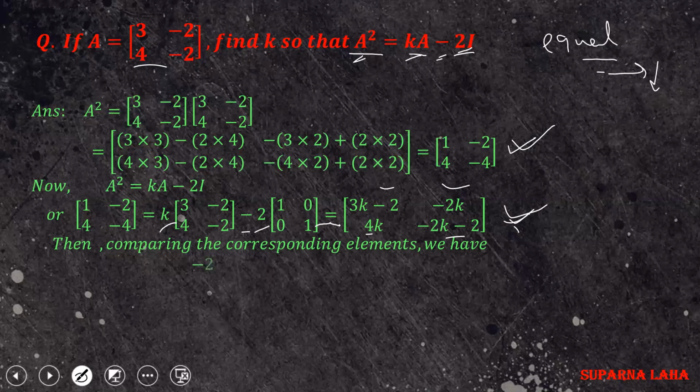Here I am taking this minus of 2k, the second element. So minus of 2k is equal to minus 2. So from here we can write k is 1. So what is the answer? Your answer is the value of k is equal to 1. And this is your answer. So here is the full solution. Just check this out.